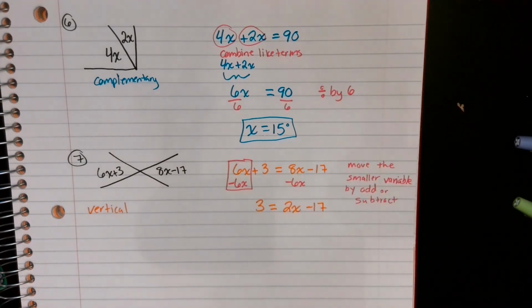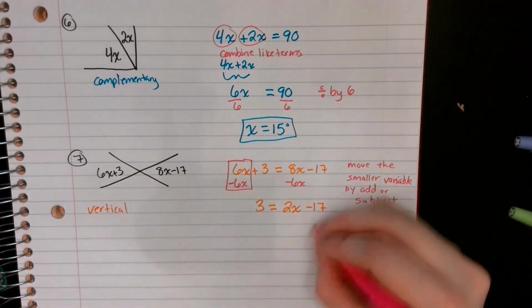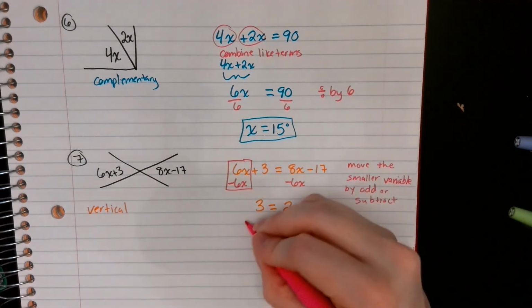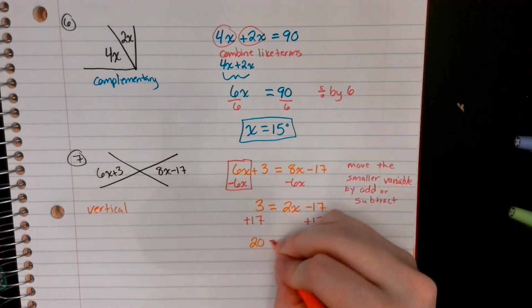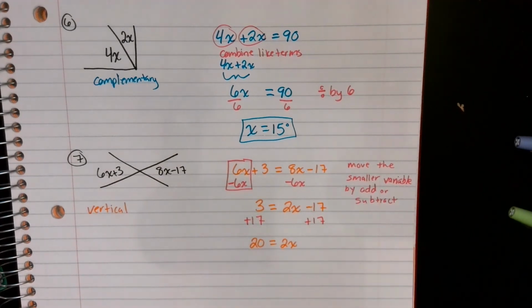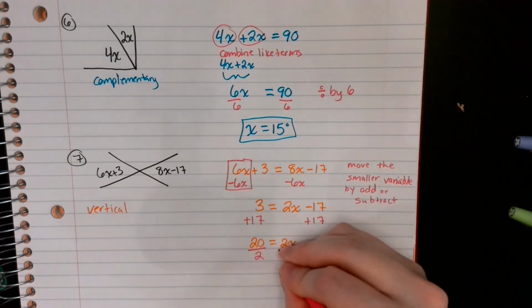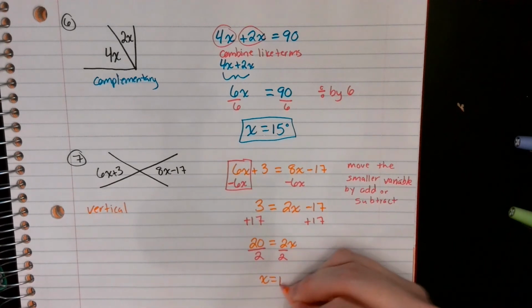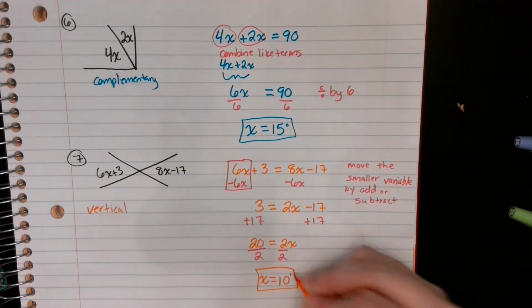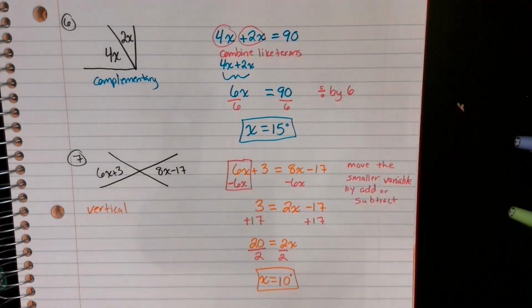And now we're down to a two-step equation. So we will add 17 to both sides. That's going to give you 20 is now equal to 2x. And then the last step is to divide both sides by 2. And you'll get x is then equal to 10. So x is equal to 10 degrees.